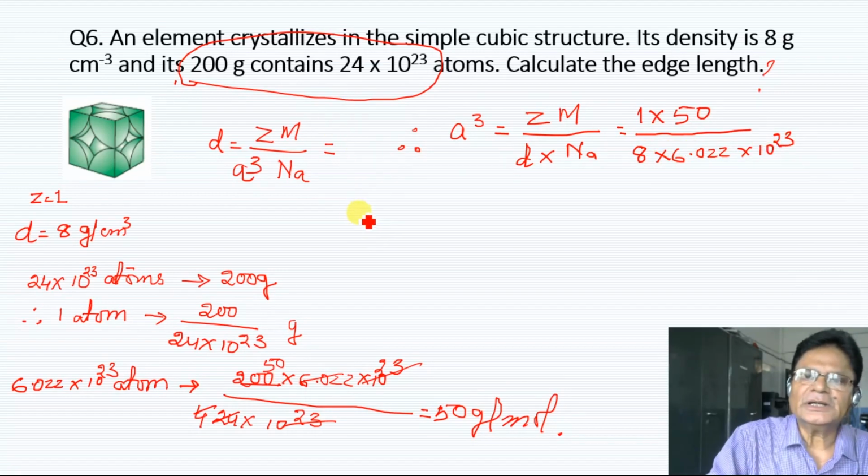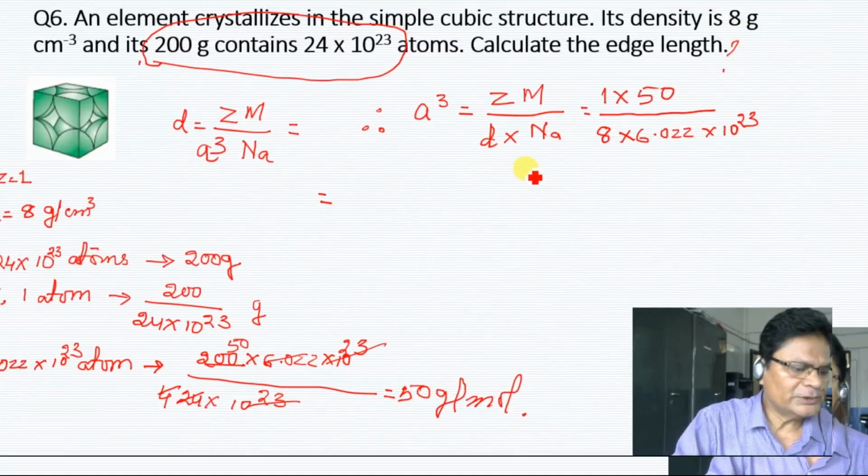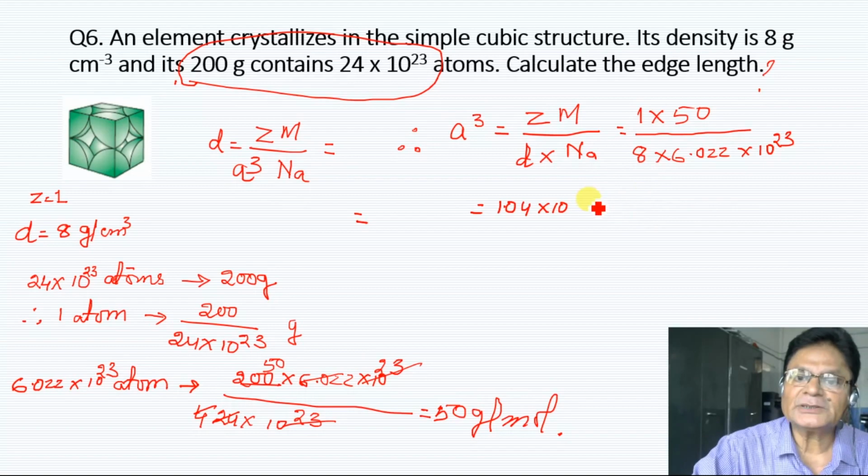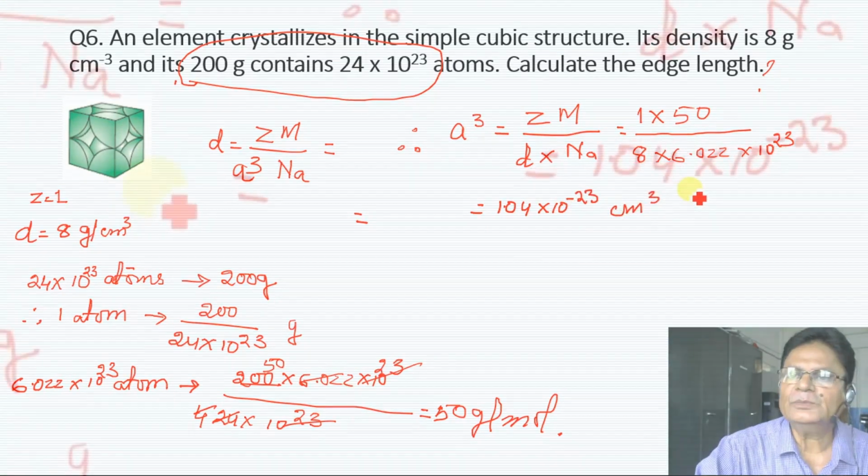This is equal to 1.04 into 10 to the power of minus 23 centimeter cube.